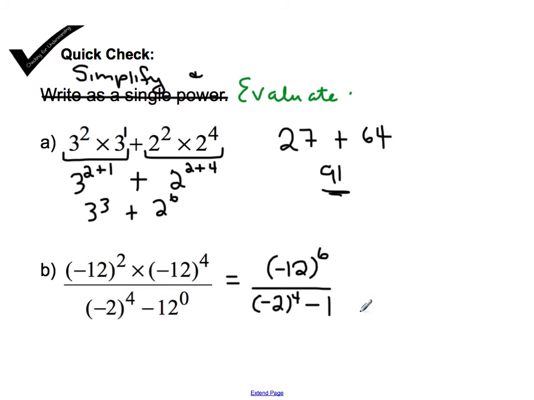Oh, there we go. Okay, so negative 12 to the power of 6 is going to be a positive 2, 9, 8, 5, 9, 8, 4.